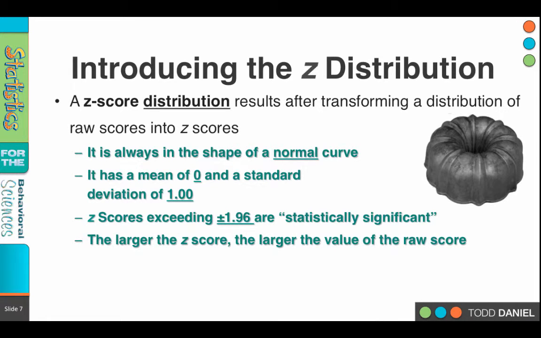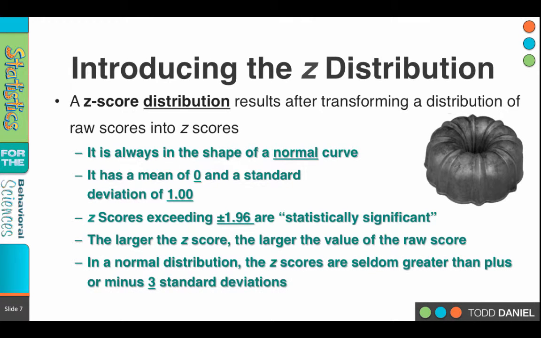The larger the z-score, the larger the value of the raw score. So as we get further and further above the mean, the z-score increases, as does the raw score underlying it. And in a normal distribution, z-scores are seldom greater than plus or minus 3 standard deviations.